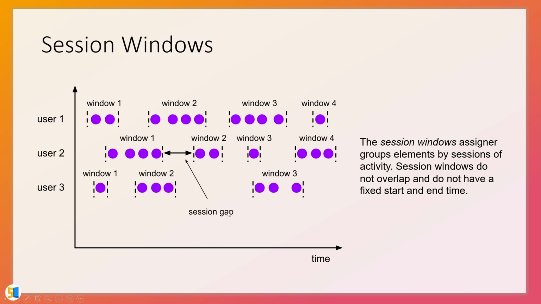We can specify the threshold of the session gap. For example, if you define a session window with a gap of 10 minutes, the stream will be divided into windows that contain events that are at most 10 minutes apart from each other.